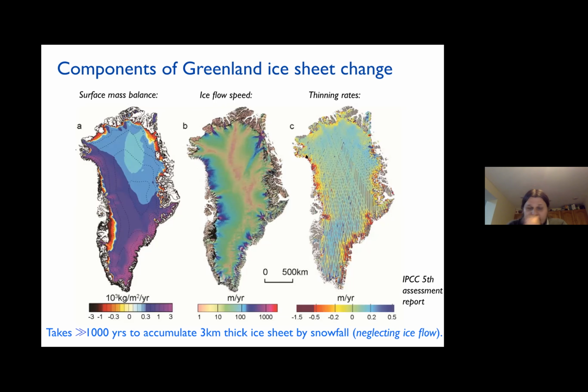These other two right-hand plots come from satellite imaging. So the ice flow speed will come from things like tracking surface features and where those surface features move between two successive images. And then also using laser altimetry, you can see how the surface is going up and down. So they bounce lasers off the surface, and you get this crisscross grid due to the overpasses.